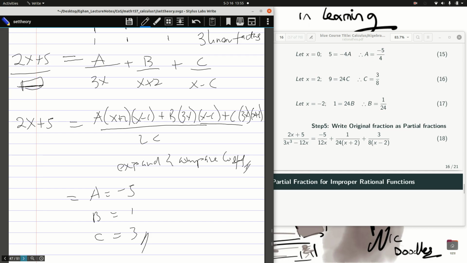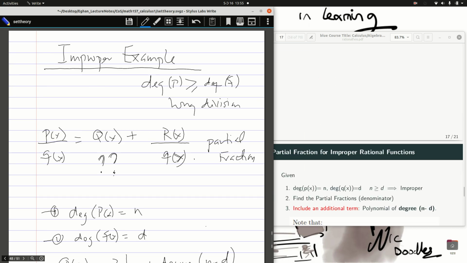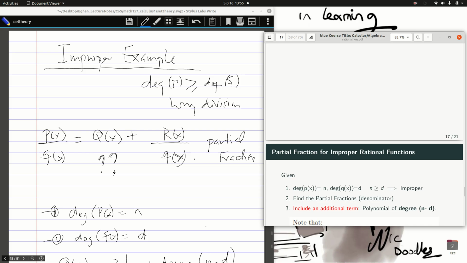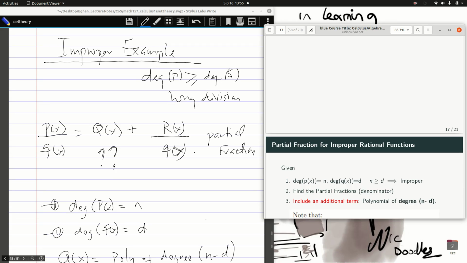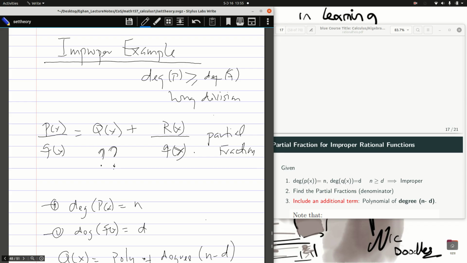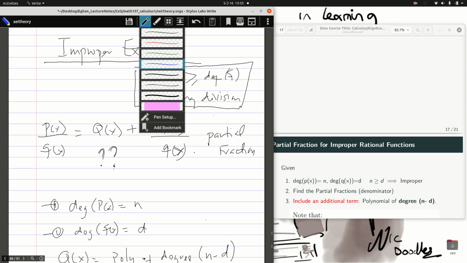Okay, now the next one is the improper fractions. For proper fractions, we can factorize and we move on with the partial form. Improper means the degree of the numerator is greater than or equal to the degree of the denominator. Let me use a different ink here.